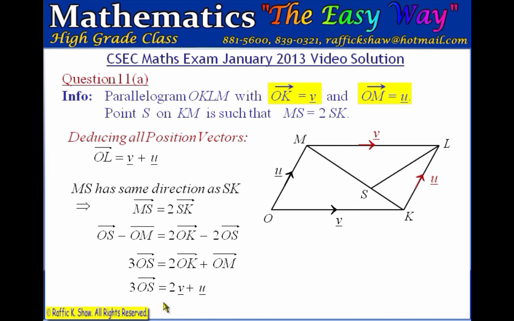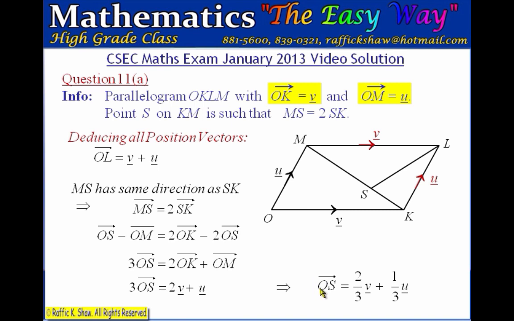And to make OS the subject now, we simply divide through by 3. When we divide through by 3, we divide each term by 3. And so that reduces to the vector OS equal 2/3 v plus 1/3 u. That's 2 divided by 3 times v, and u divided by 3 is the same as 1/3 u.